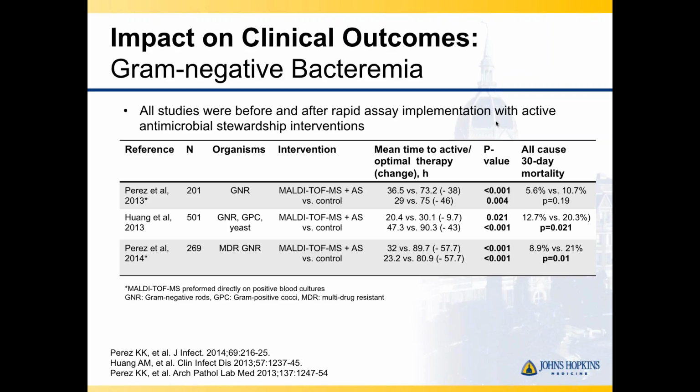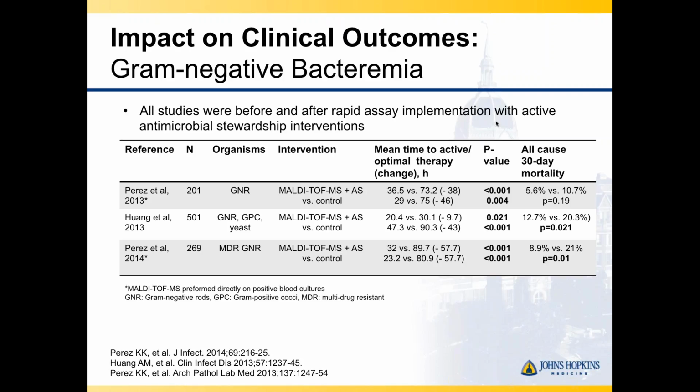In the first study by Perez and colleagues that looked at only gram-negative bacteremia, they showed a decrease in time to active therapy by 38 hours, and time to optimal therapy was decreased by 46 hours. Both of these were significantly different. They also looked at all-cause mortality, and they didn't see a difference. The study by Huang and colleagues looked at gram-negative rods, gram-positive cocci, and yeast in blood.